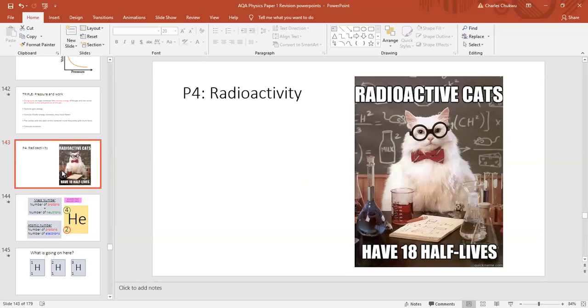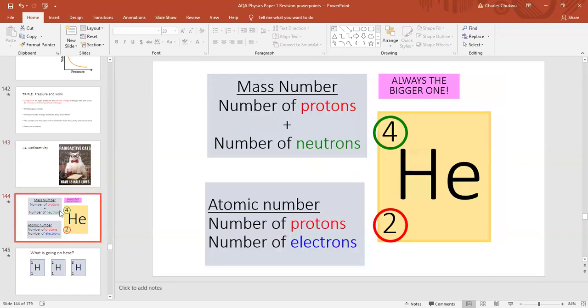All right, so we're moving on to radioactivity. I'm sure these concepts are familiar to you: atomic number and mass number.